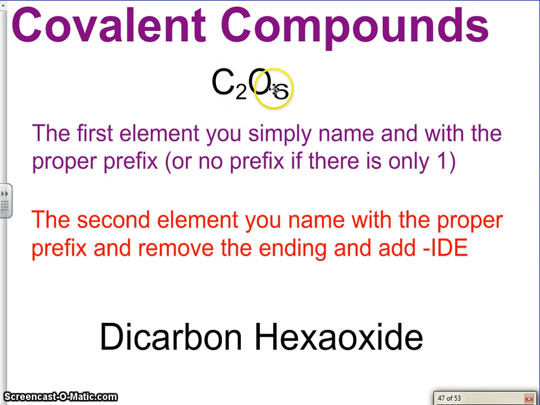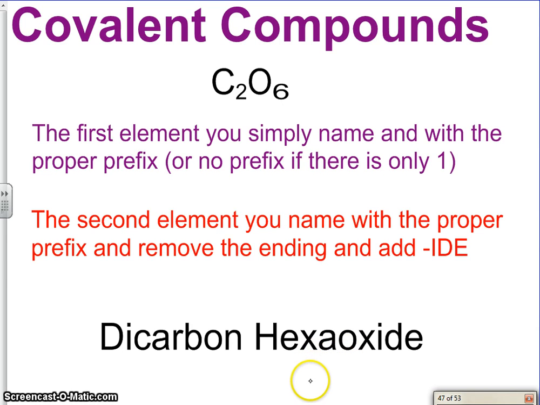C2O6. C is carbon, O is oxygen. The reason we know this is covalent is because they're both nonmetals. That kind of gives us that hint. 2 is di, so we use di here and we name the element, dicarbon. 6 is hexa, oxygen, we change the ending to oxide and we get hexaoxide. Some people do drop the double vowel and might just say hexoxide.